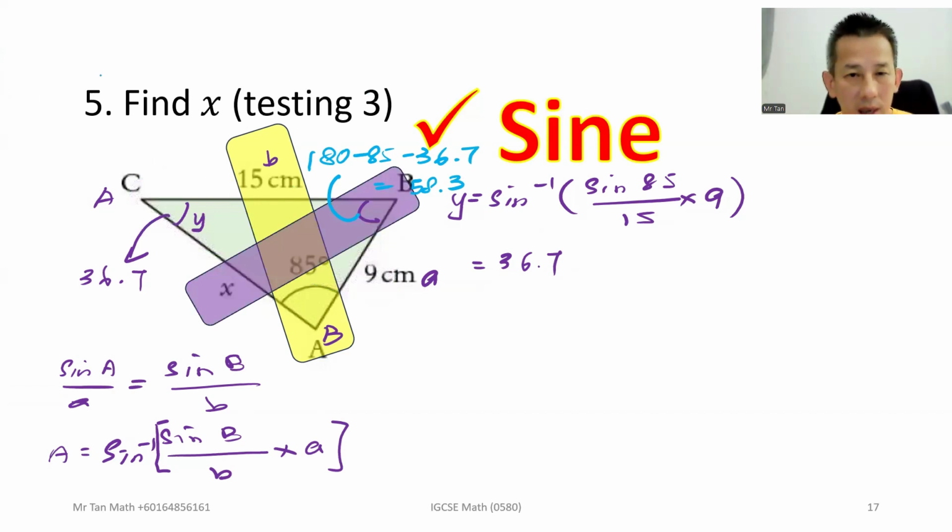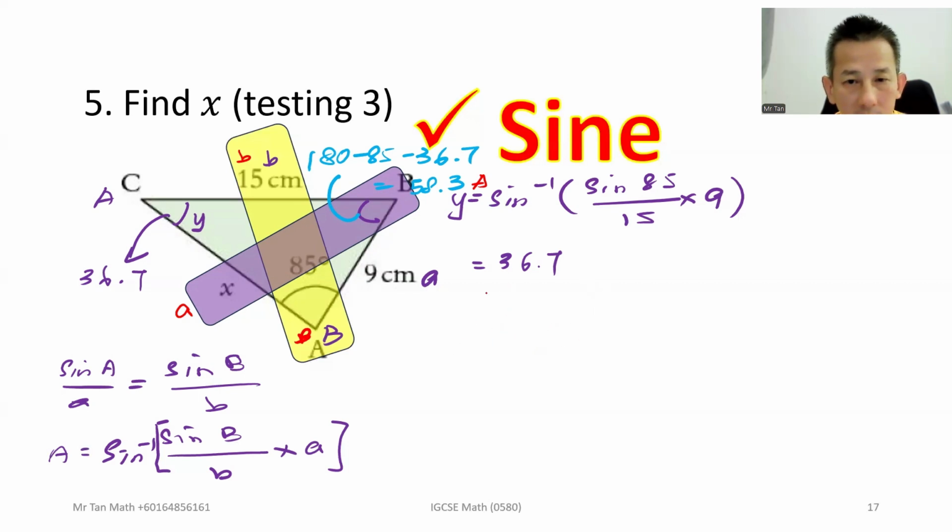So next, now you can use the sine rule. So this is A, this is a, this is B, this is b.